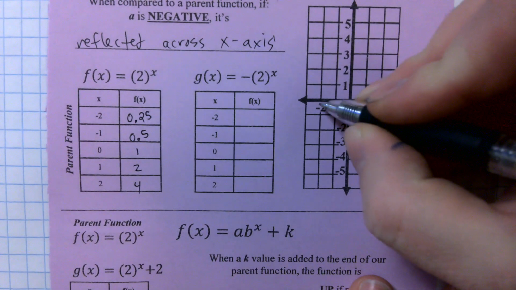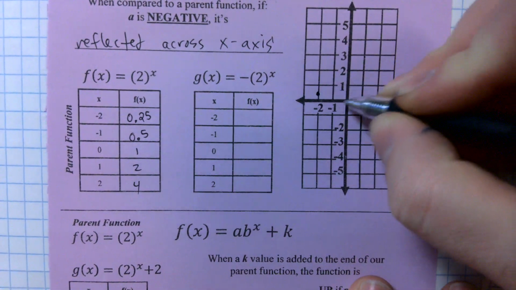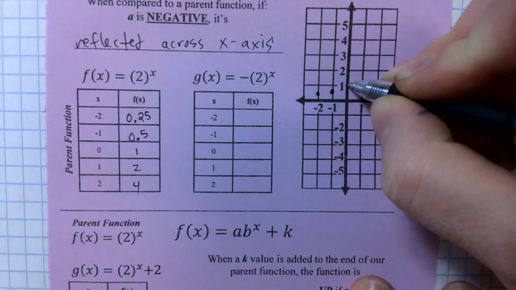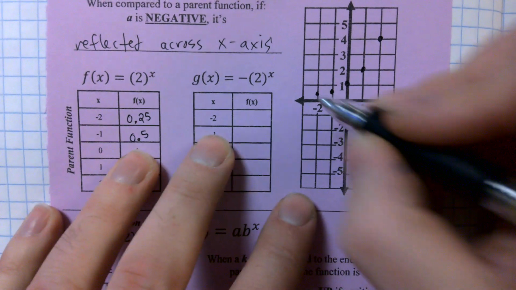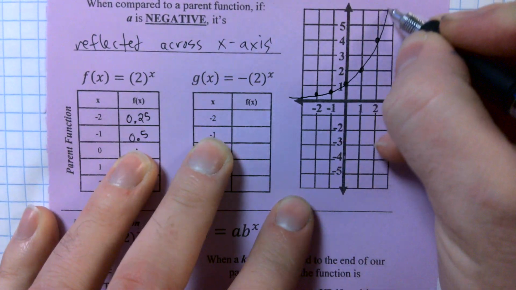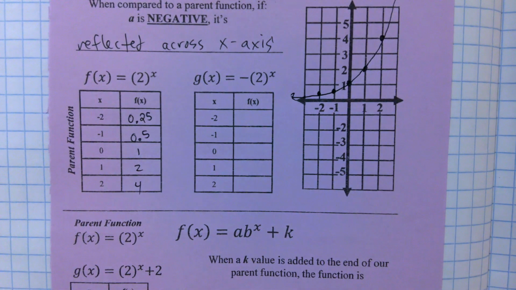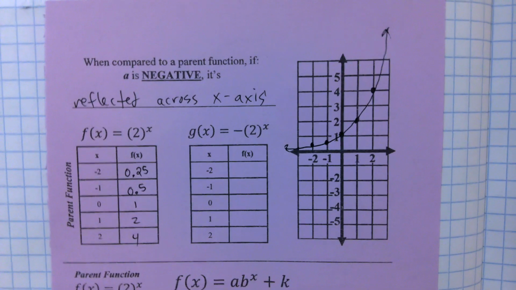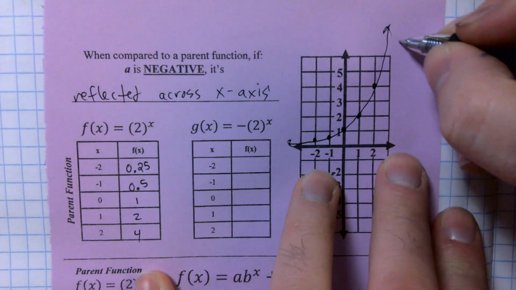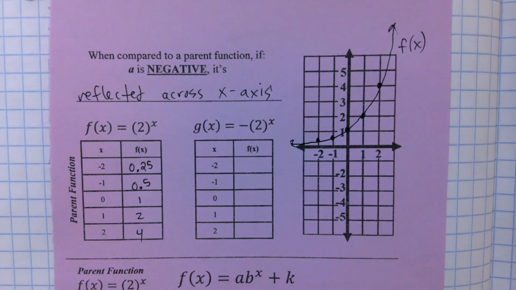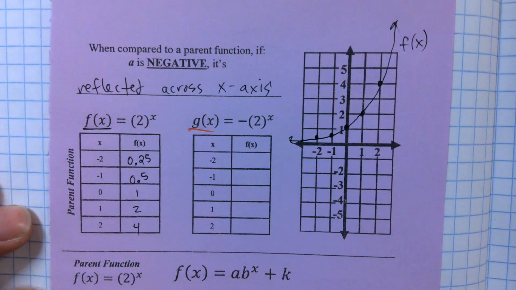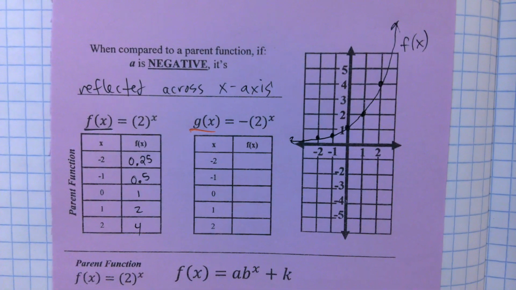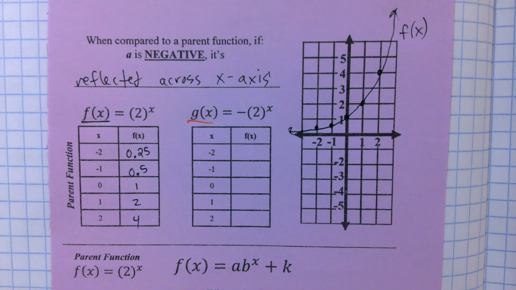So if I plot those points, -2 up to 1/4, -1 up to 1/2, 0 to 1, 1 to 2, 2 to 4. Now g of x we're going to do in red, just like before.